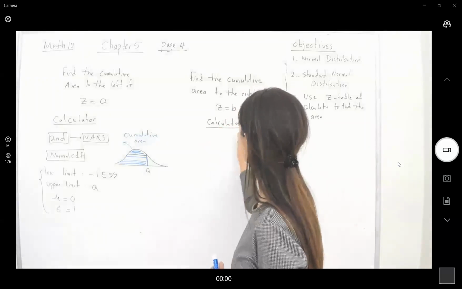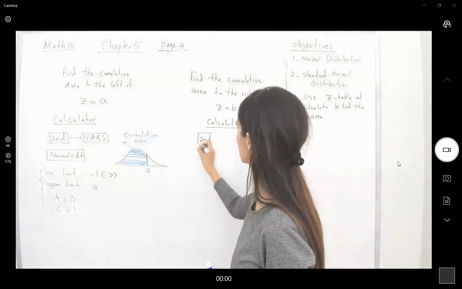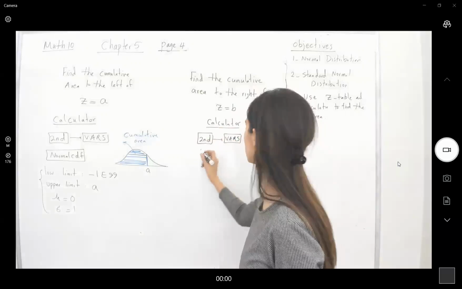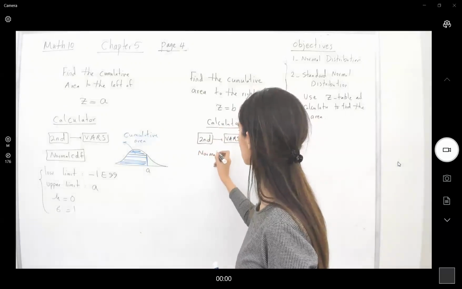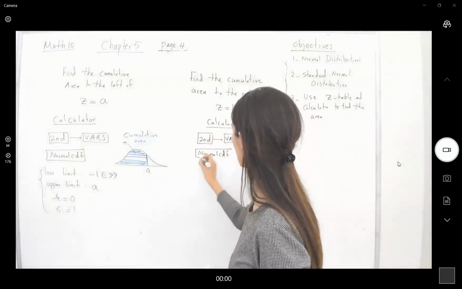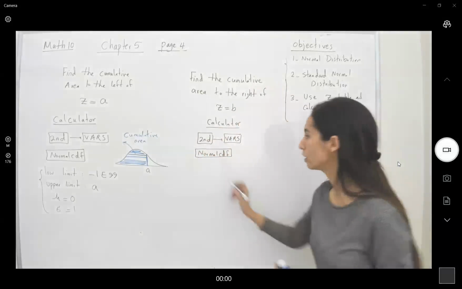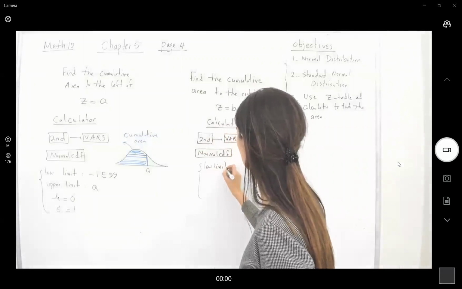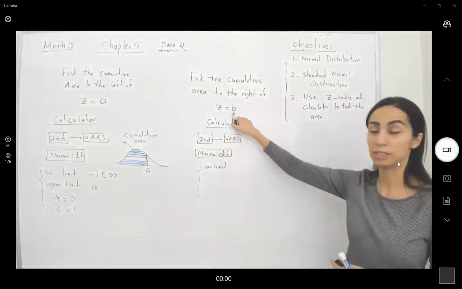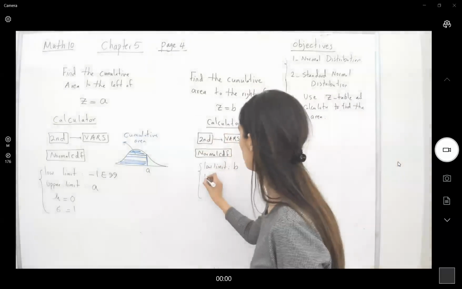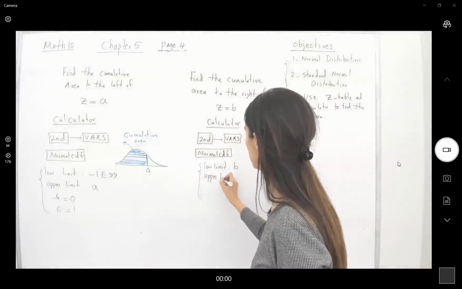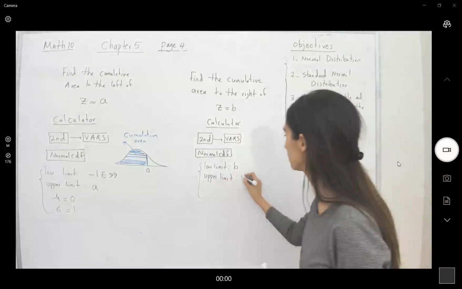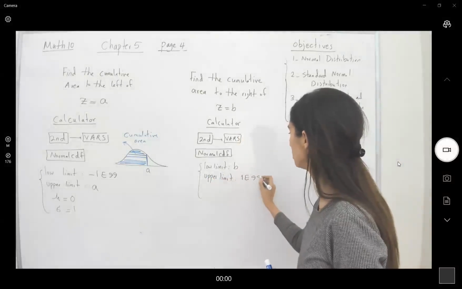then to use your calculator, you're going to go to second, vars, then find normal CDF. After finding the normal CDF, your lower limit is now b, and your upper limit is equal to positive 1 E99.